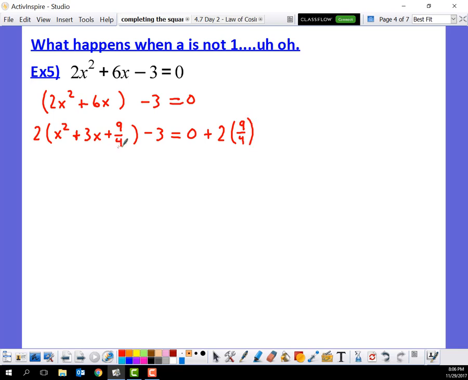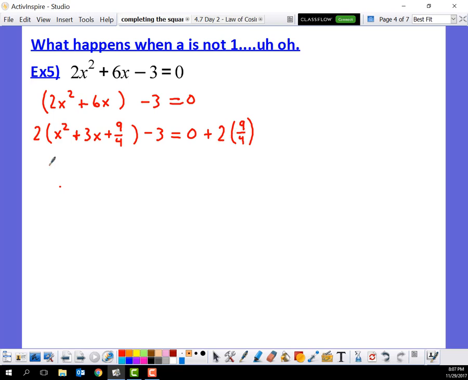Again, 9/4 is what I put here to complete the square of this trinomial. But remember that everything inside these parentheses is being multiplied by 2. So to balance the equation, we add to the right-hand side 2 times 9/4.